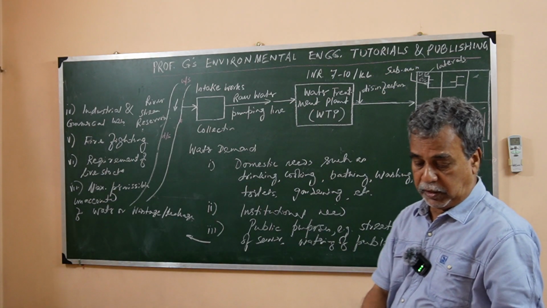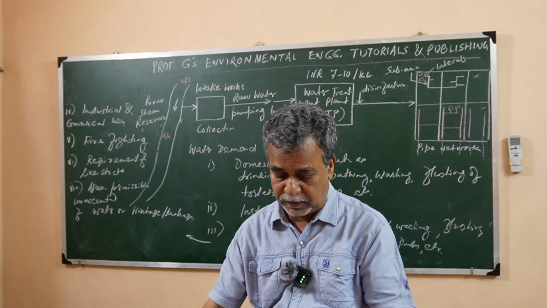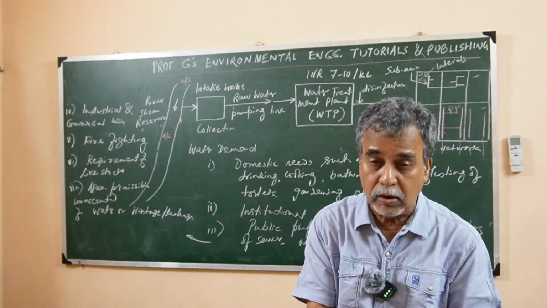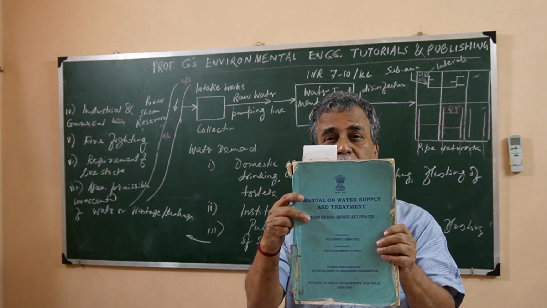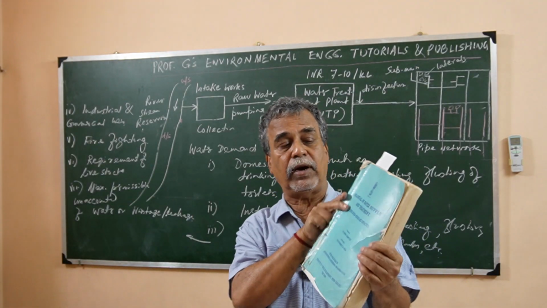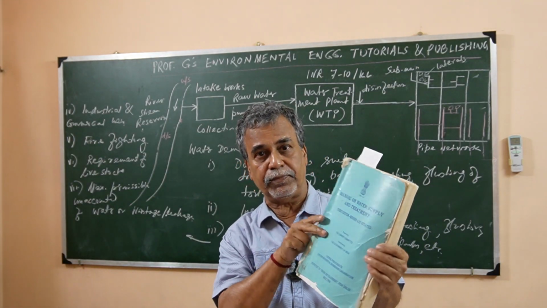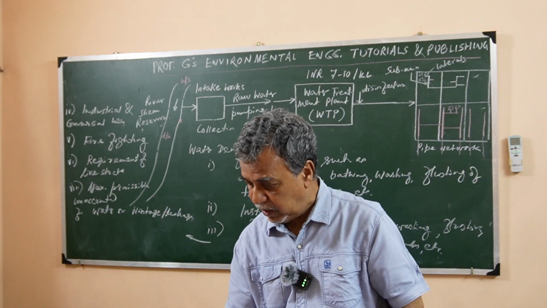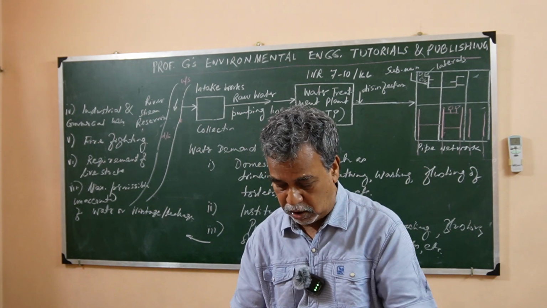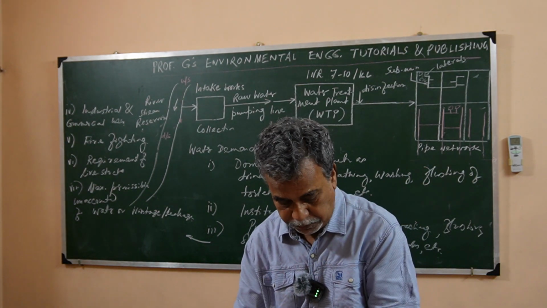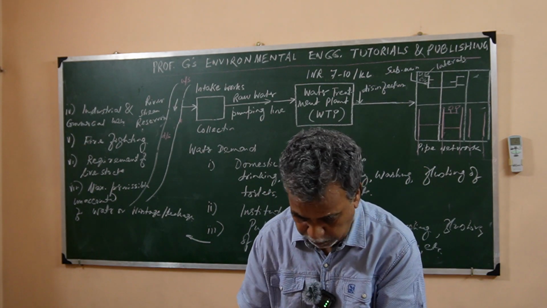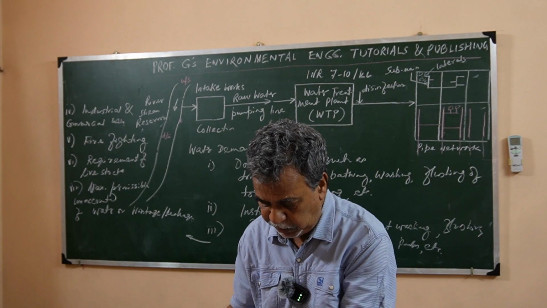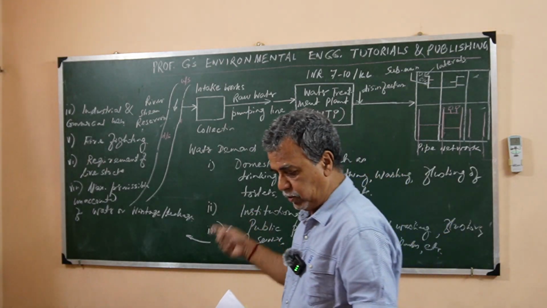All these details you will get in the CPHO manual on water supply and treatment. CPHO means Central Public Health, and the EEO means Environmental Engineering Organisation, which I am writing here.